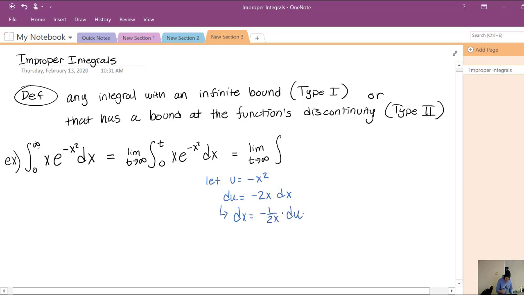Okay, so that should give us, let's see, our integral will become x e to the u, and then dx becomes all this, negative 1 over 2x du.